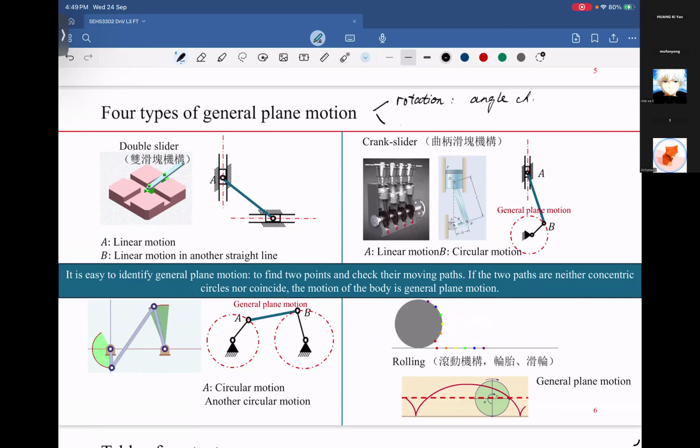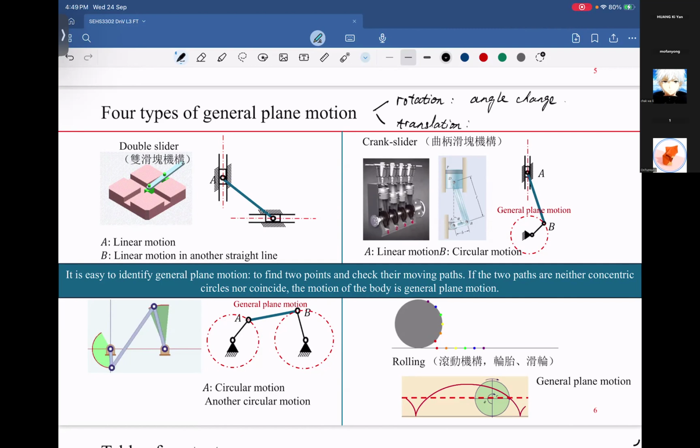And it also has a translation. When you remove the rotation, the translation means there will be a position change.